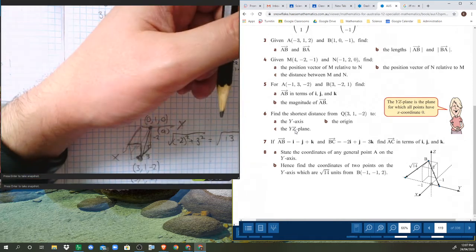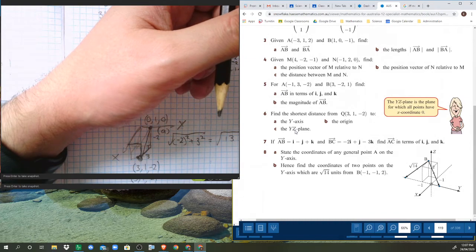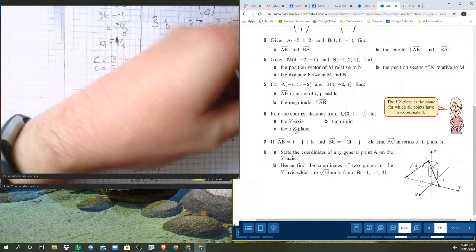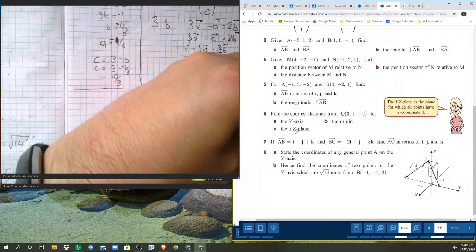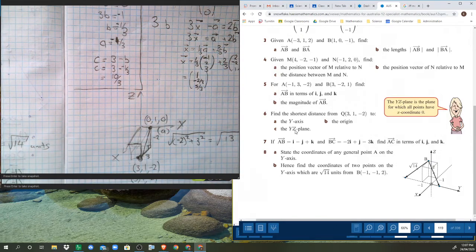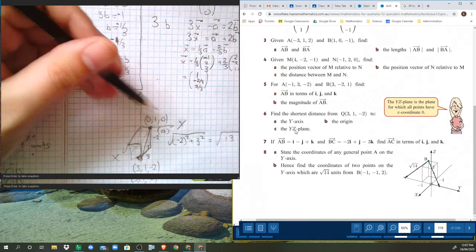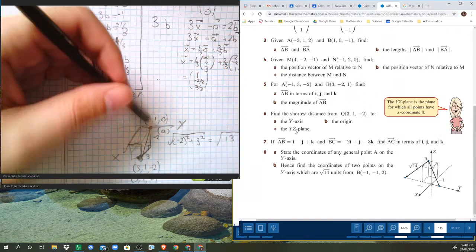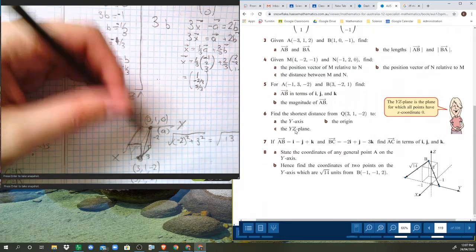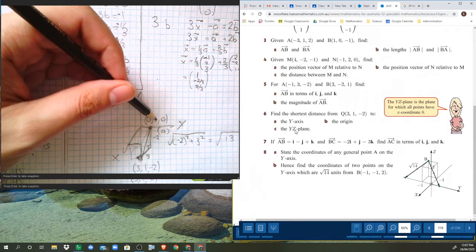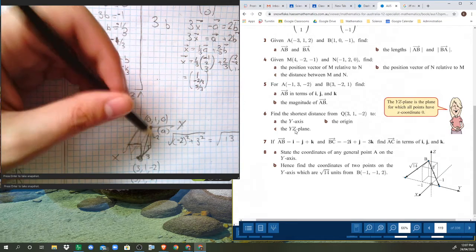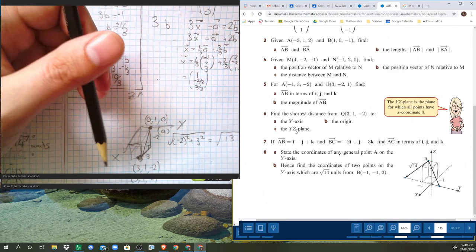Oh, hang on. No, it's 3, 4, 5. Yeah, units. That's part A. You could use the formula for the distance between points, but you can just go back to 2 dimensions because you've only moved in 2 dimensions. I think that's easier that way.